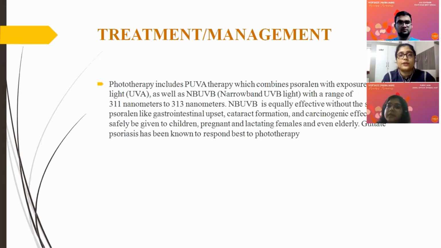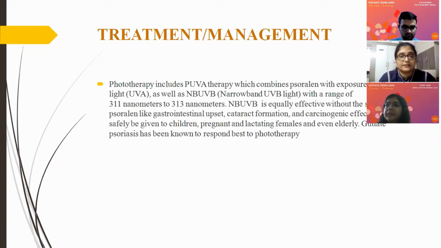Next is the phototherapy. The phototherapy includes PUVA, a therapy which combines psoralen with exposure to ultraviolet light, UVA, as well as UVB. Broadband UVB is obsolete. The narrowband UVB light with a range of 311 nanometer to 313 nanometer is equally effective without the side effects of psoralen.